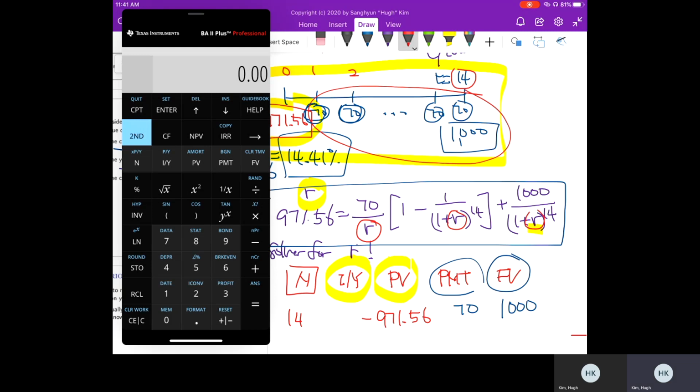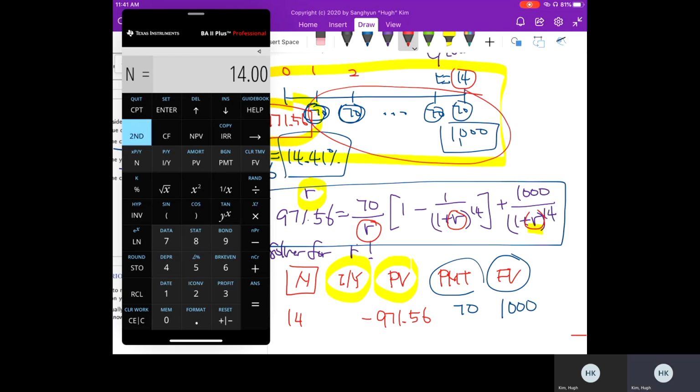Before using the financial calculator, it's important to clear the registers, by clicking second and clear TVM. So the $1,000 is the face value. The payment is 70. And the present value is 971.56, putting the negative sign here for the present value. And the number of periods is 14.